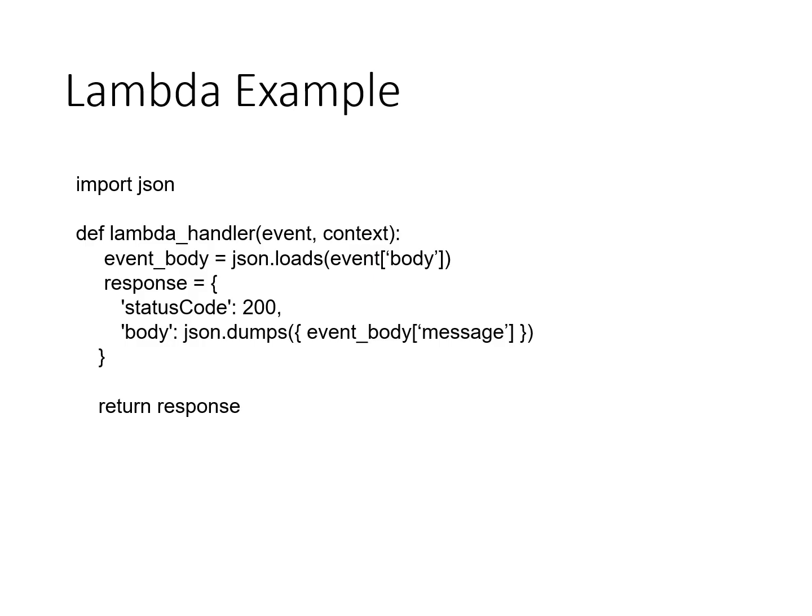Here's a very simple example of a Python Lambda function. The function simply extracts a message from the input event and returns it unaltered as part of a HTTP 200 response. In general, you implement a function that takes an event and a context parameter. The event is a JSON formatted document encapsulating data for a Lambda function to process.